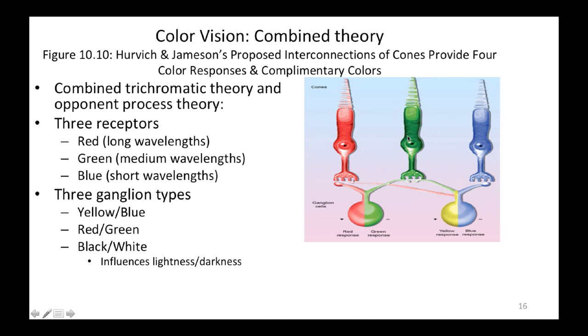So if we look here at our cones, we have the 3 cones, red, green, and blue. So the red from the geranium petals is going to stimulate this long wavelength cone here, but not the medium wavelength cone or the short wavelength cone shown here.